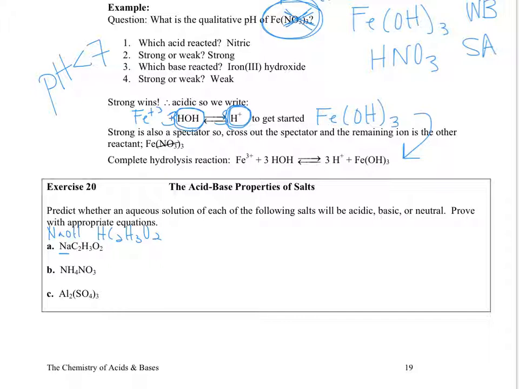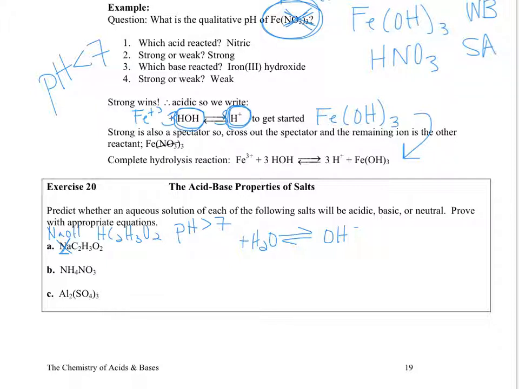So NaOH is a strong base, so I'm going to cross that out, while C2H3O2 is a weak acid. So if it's a strong base and a weak acid, I can say that the pH is going to be greater than 7, which is basic. I also know then that OH is going to be a product, and of course water is a reactant.